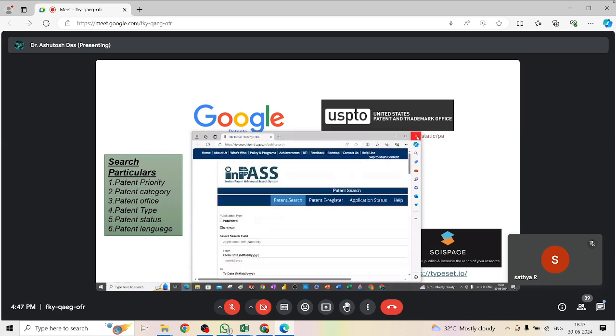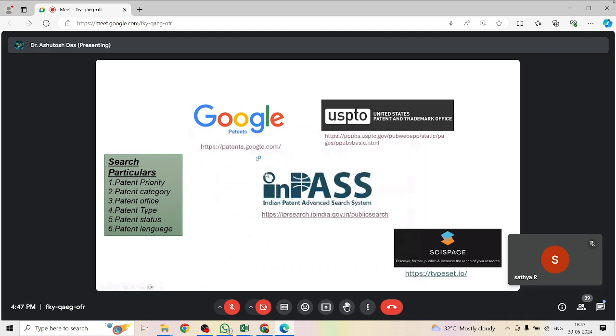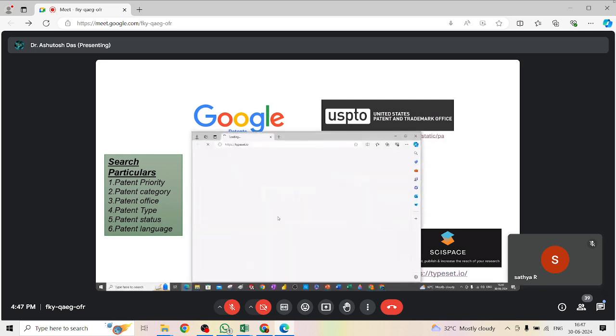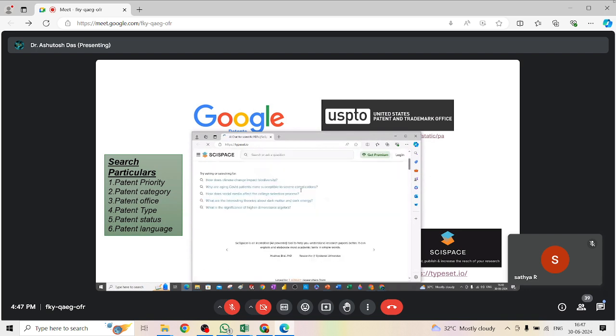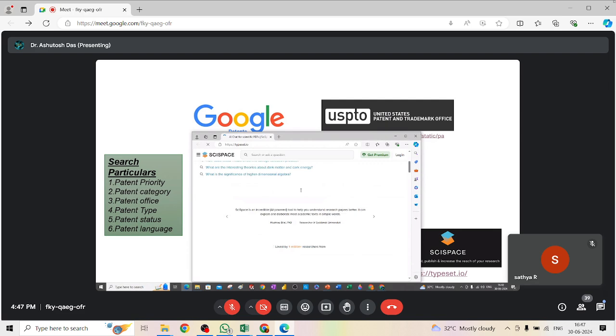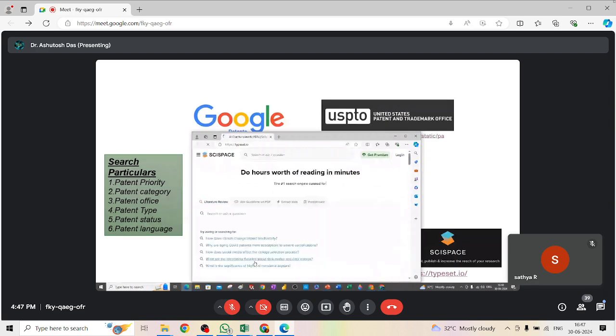Okay, once you do the Google search, then you go for the Indian patent search. That is available here. And then there is one very important patent search that I recently discovered, which is very nice, where you can find out more details about AI. You can use this for your paper writing also.